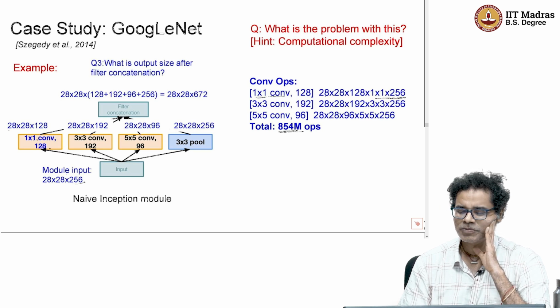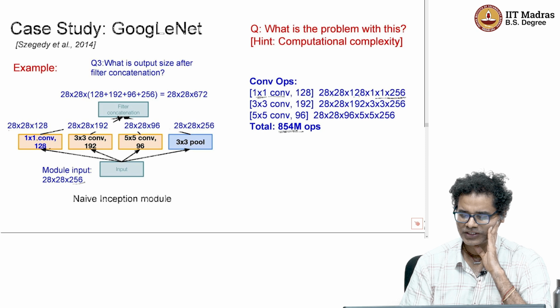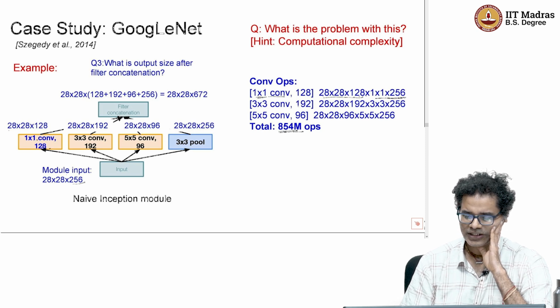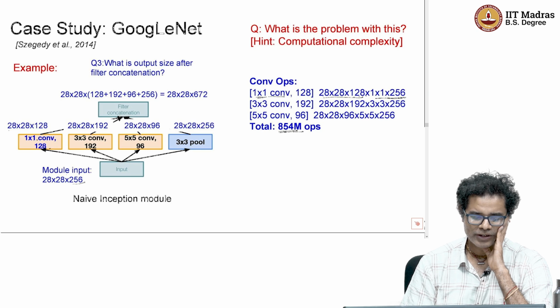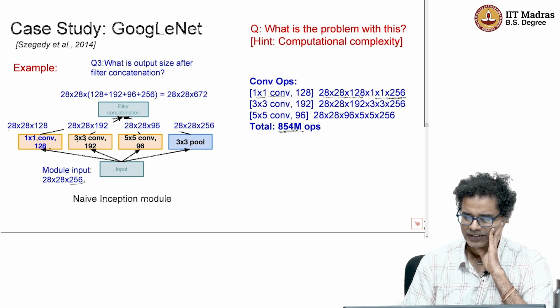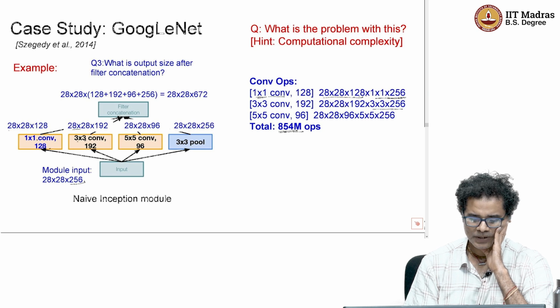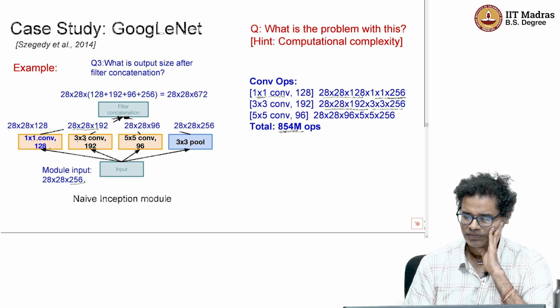And then we have to produce all the pixels in the output, which is 28 cross 28 cross 128. So this many computations. Similarly, for the 3 cross 3 convolution, even for producing one pixel at the output you require 3 cross 3 cross 256, right? And to produce all the pixels, so many pixels are there, you need so many computations.